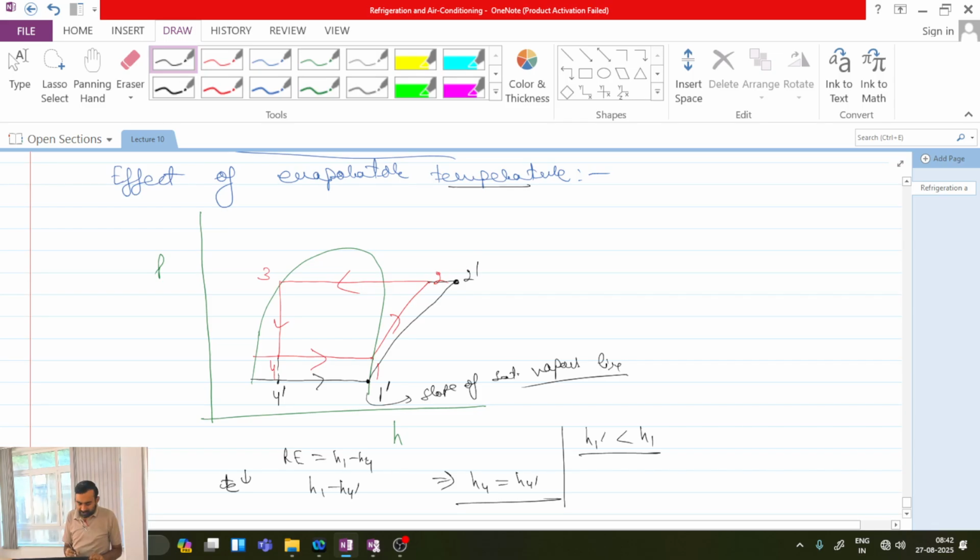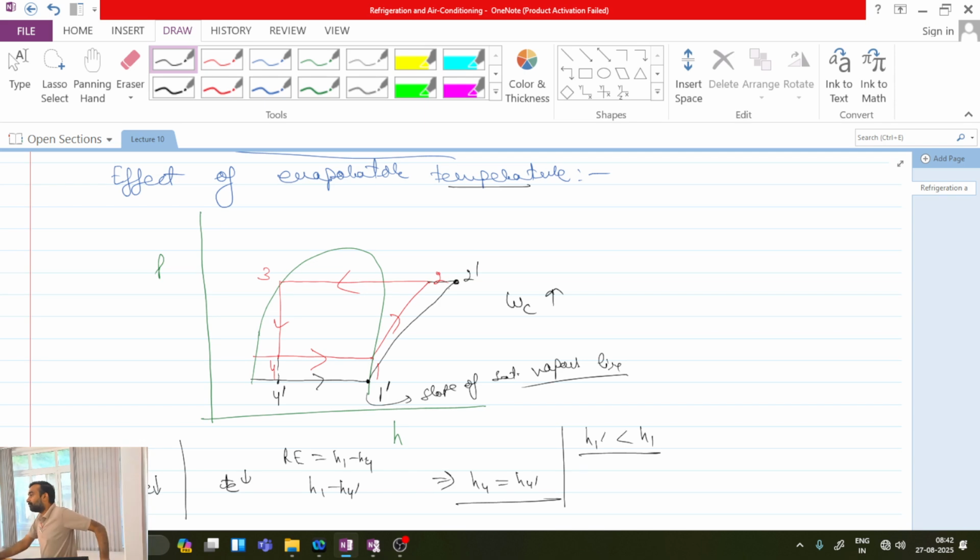It decreases. So the refrigeration effect decreases when I decrease my evaporator temperature. And the other important point: what happened to the work done? Work done has increased. The compressor work has increased because H2 dash minus H1 dash is larger in comparison to H2 minus H1.